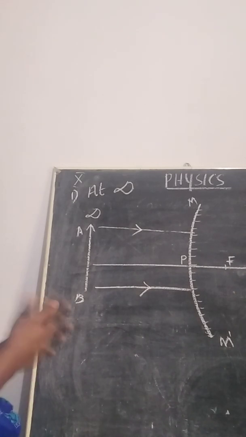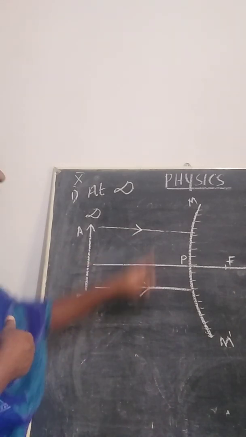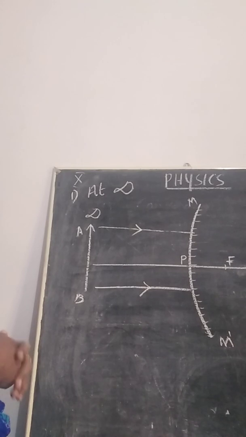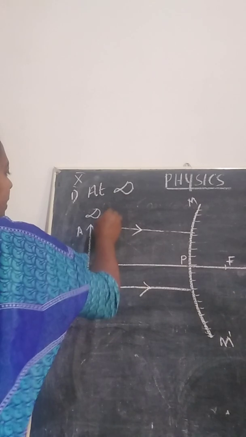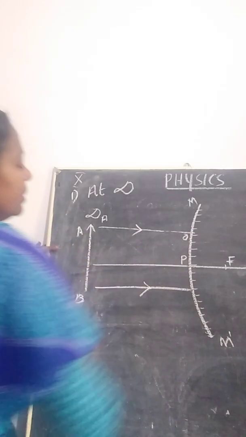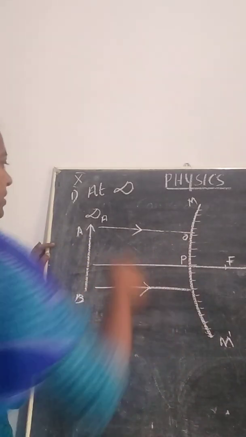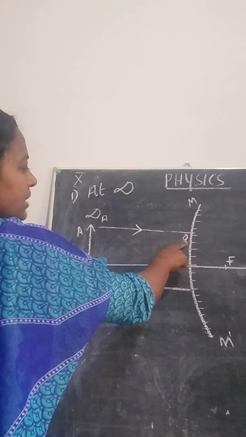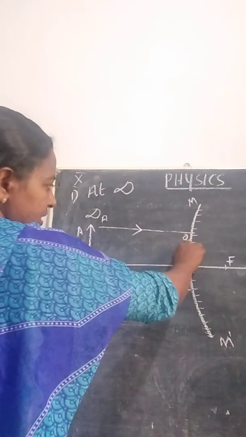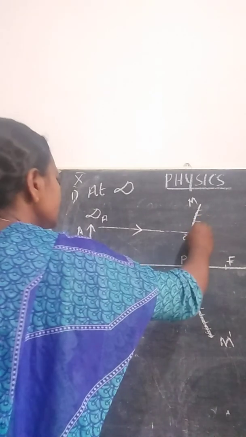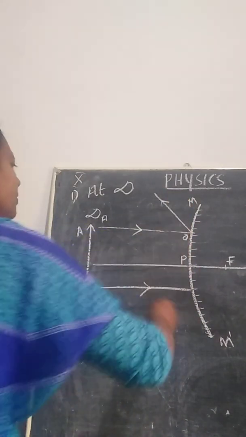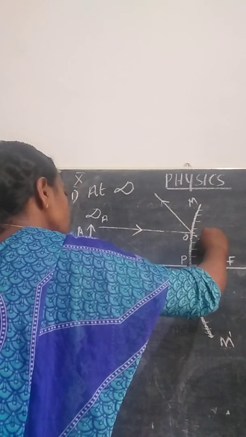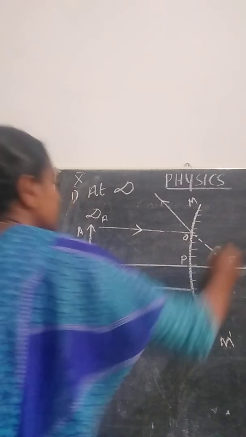According to the rule, we know what will happen to these rays, since both are parallel to the principal axis. These parallel rays meet the mirror at different points. AO is the first incident ray that strikes the mirror at O of a convex mirror, and it gets reflected along this direction, but this ray appears to be coming from the principal focus.